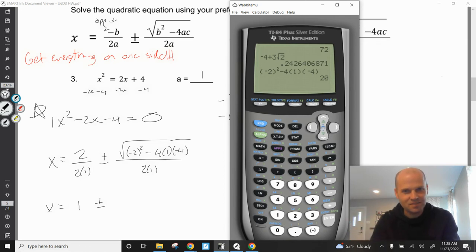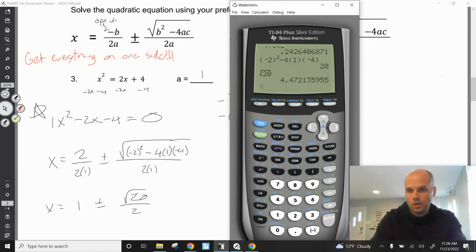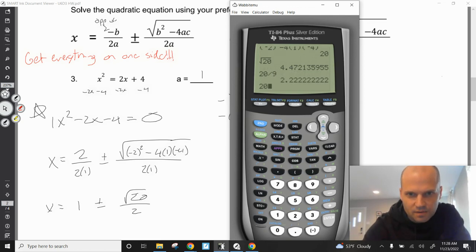All right, anyways. Underneath the square root is a 20. Okay, 20. But the 2 is still there. Now, can we square root 20? No. Can we take one of those perfect squares and divide it by a number? Like, can 20 be divided by 9? Can 20 be divided by 4? Yes.